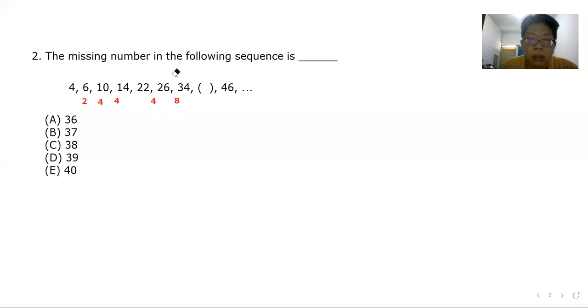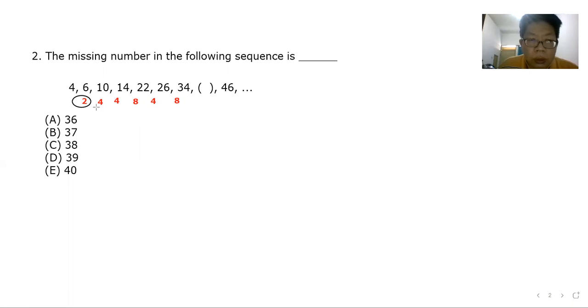Let's see how we can spot the pattern in this sequence. If we look closely, if we disregard the first difference here, the 2 is not in pattern with the rest of the difference sequence.